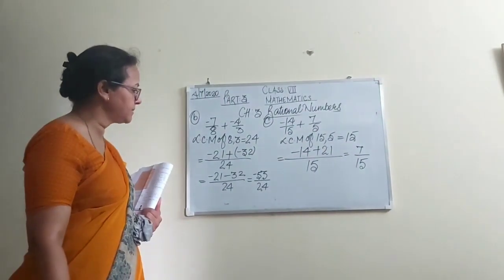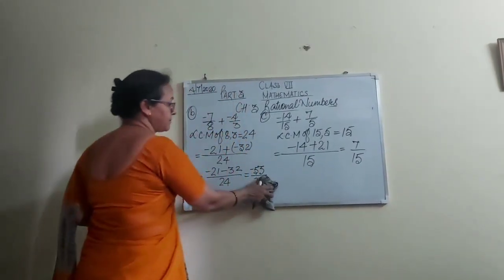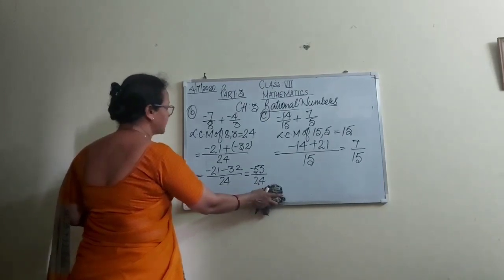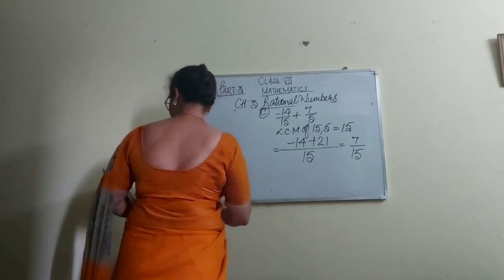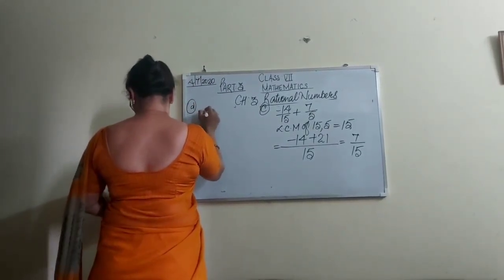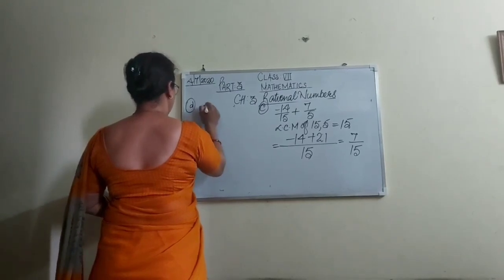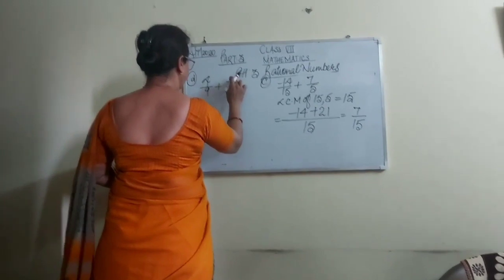In front of 14 is a minus sign and in front of 21 is a plus sign. So the answer will be 7 by 15. I am going to erase this part, students. Now I am going to do D part. D part is 4 by 9 plus minus 7 by 11. Clear?